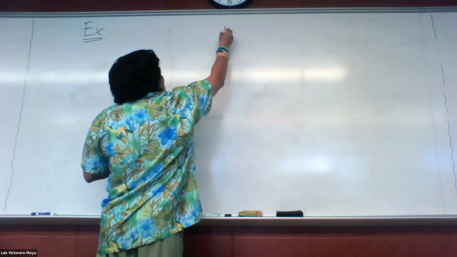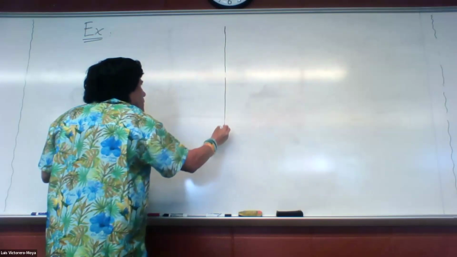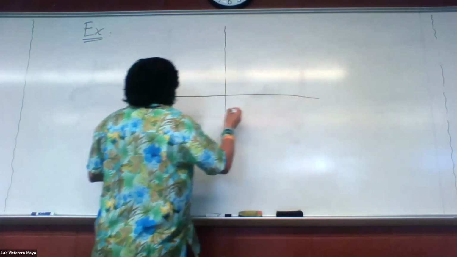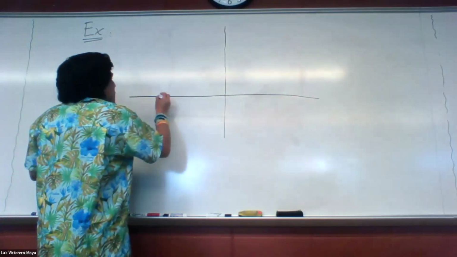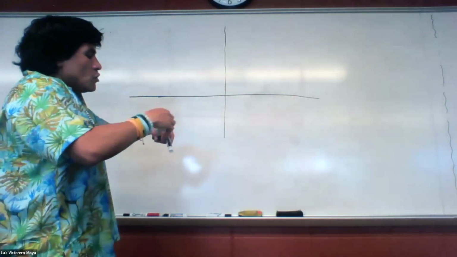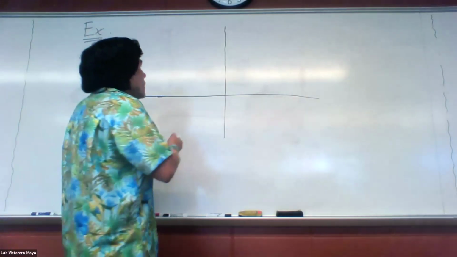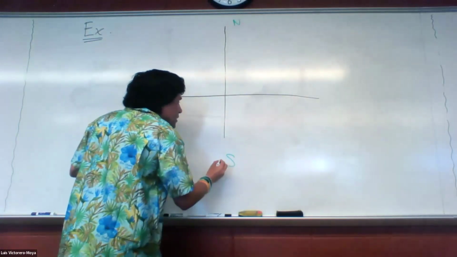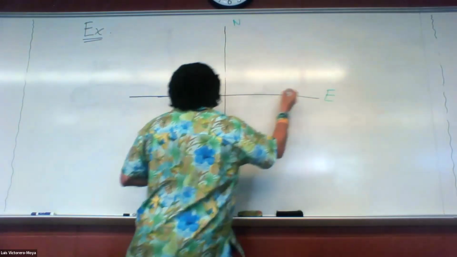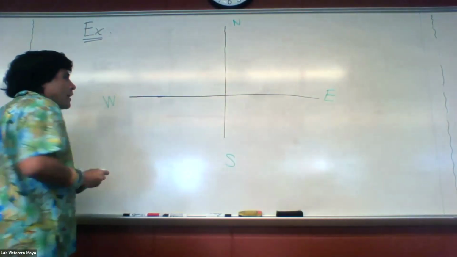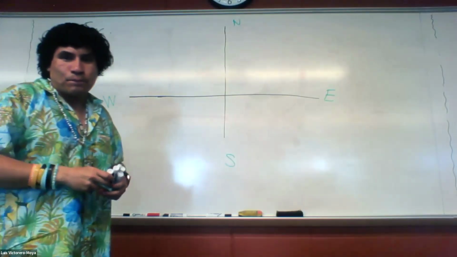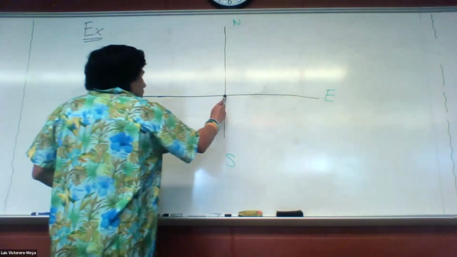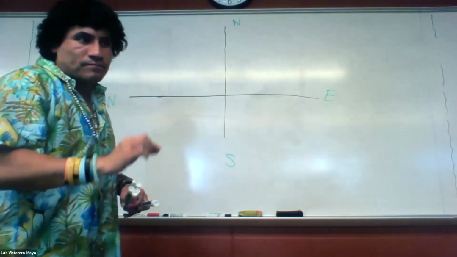Let's use the X and Y coordinates because it's simple like this. And if you use that, you label it like this: north, south, east, and west. Okay? You do it like that. So from A, let's suppose A is here on the origin.